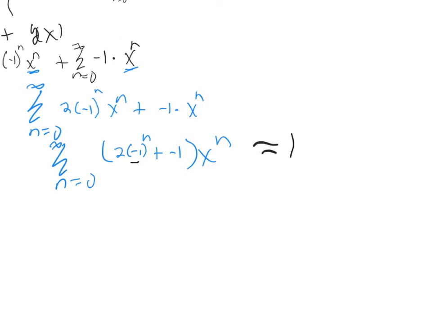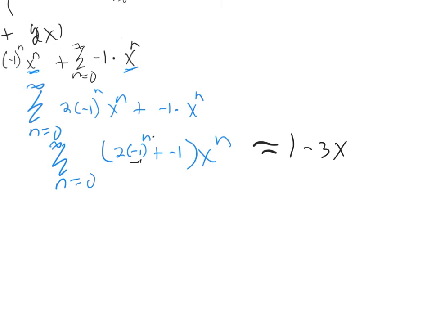X to the 0 is 1. So that gives me 1. If n is 1, negative 1 to the 1 is a negative 1. Negative 1 times 2 is a negative 2. Negative 2 plus a negative 1 is a negative 3. Negative 3, x to the 1, x.